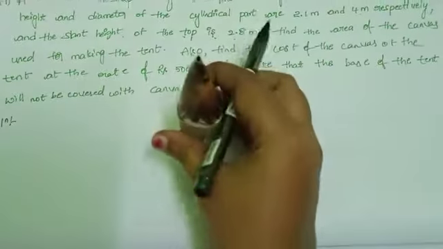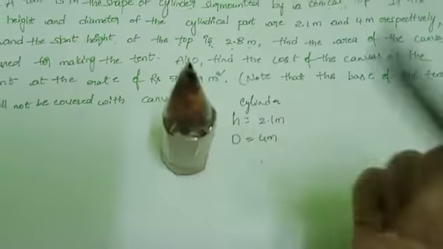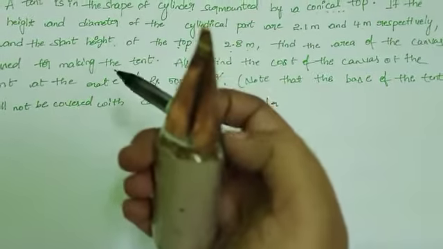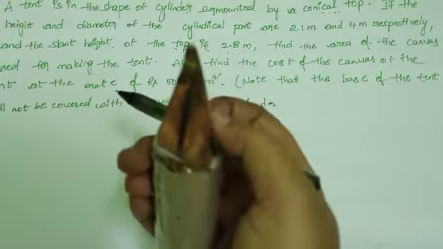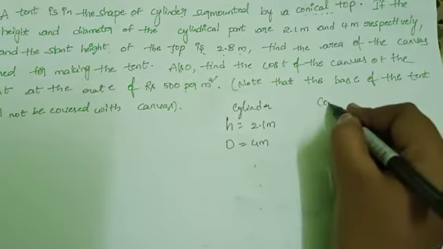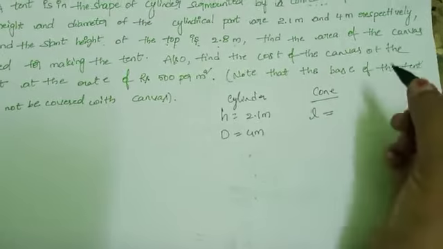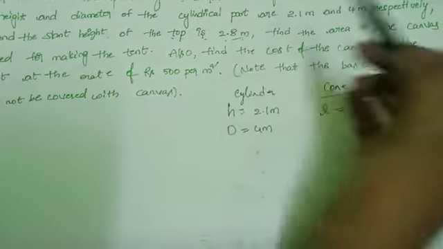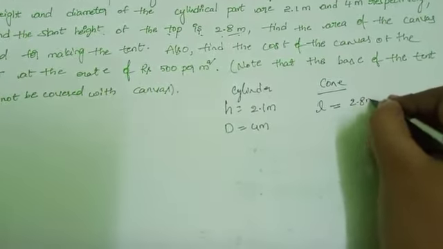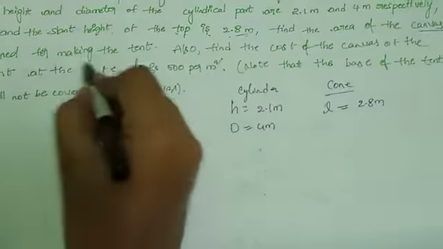Slant height means this slope, slant height L equal to 2.8 meters. Find the area of the canvas used for making the tent.